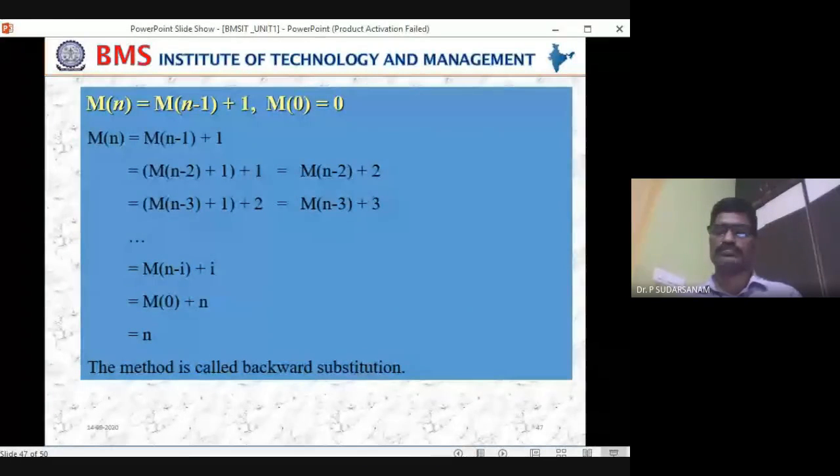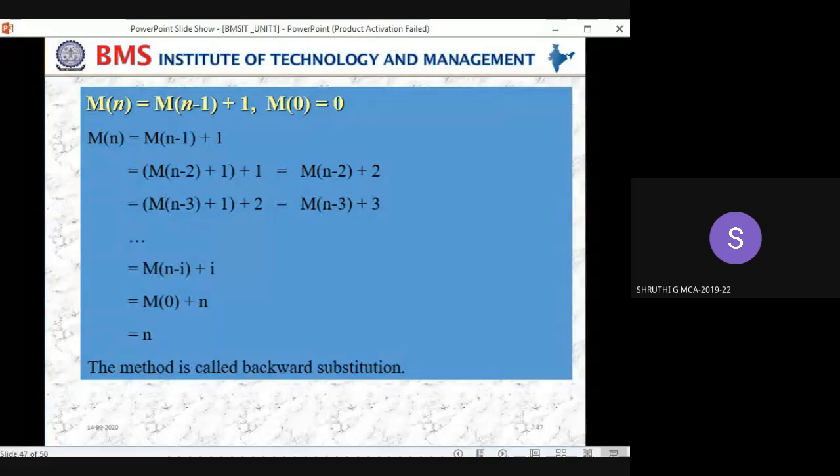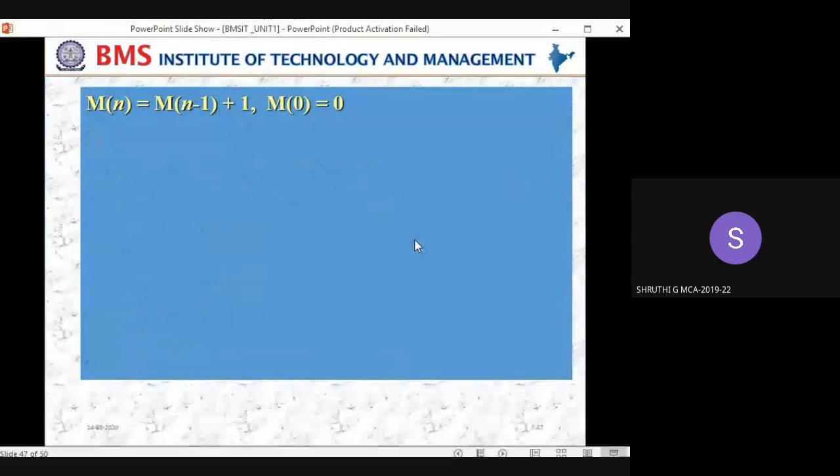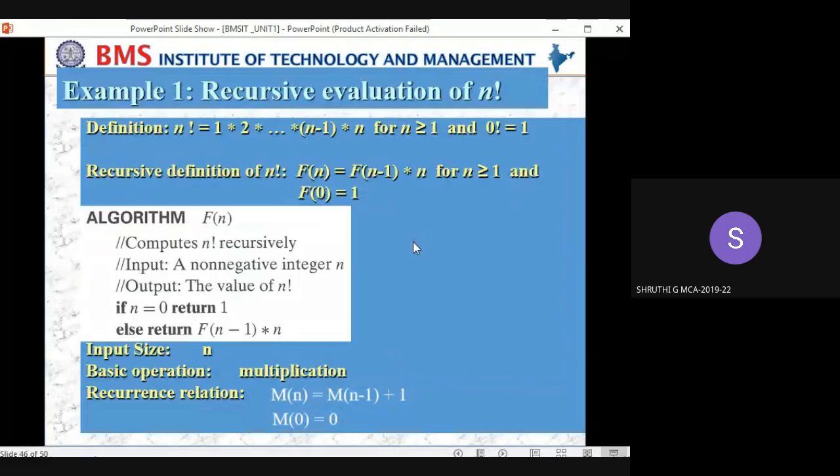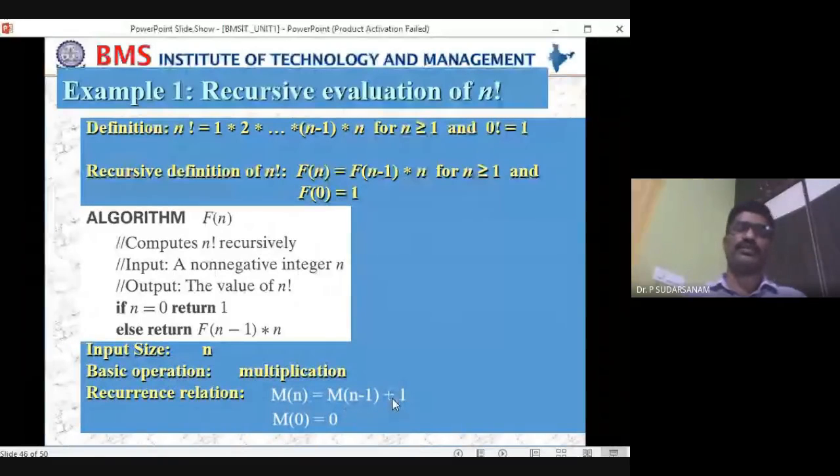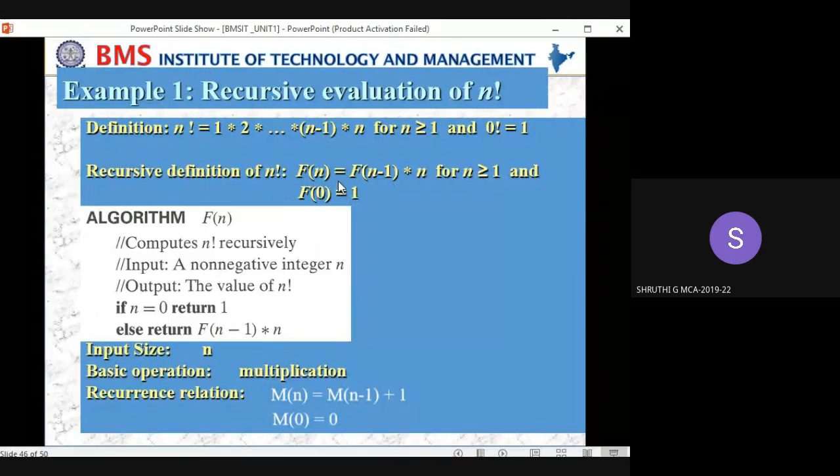Shruti, tell me, madam. Sir, in factorial, you took f of n minus 1 into n, no, sir. In the equation, you took m of n equals m of n minus 1 plus 1, sir. Why did you take it like that? Now here you have the recurrence definition of factorial n, can you read this? F of n minus 1 into n.